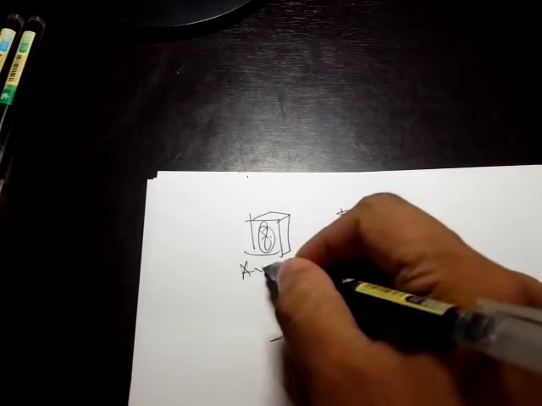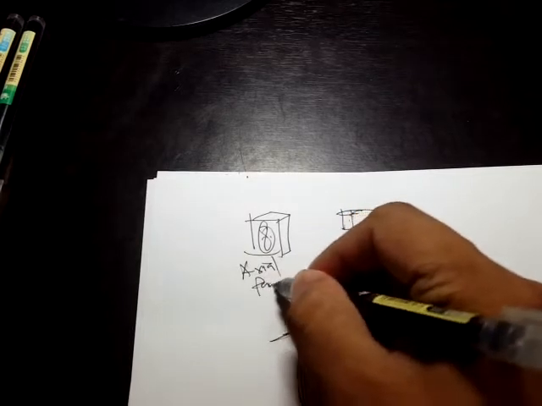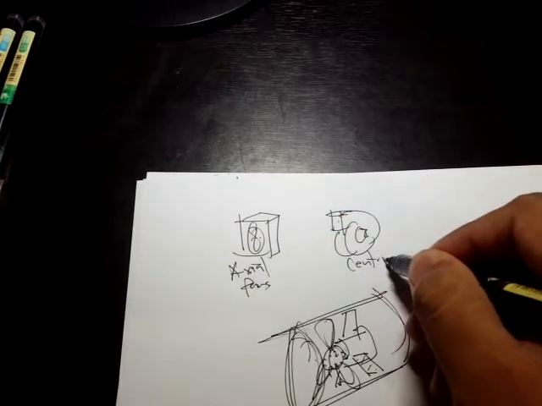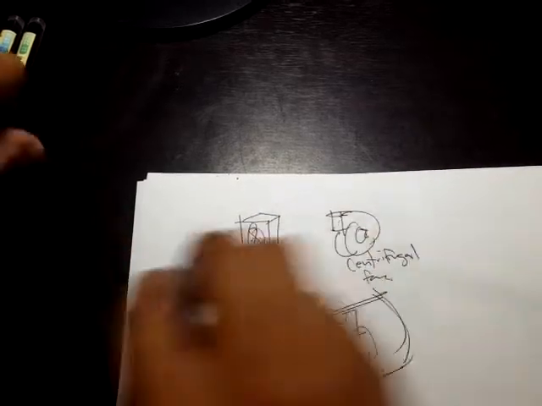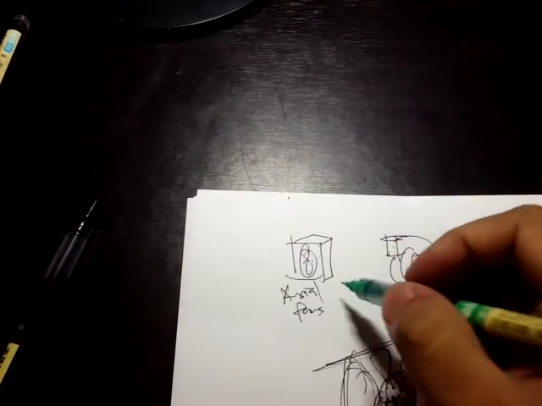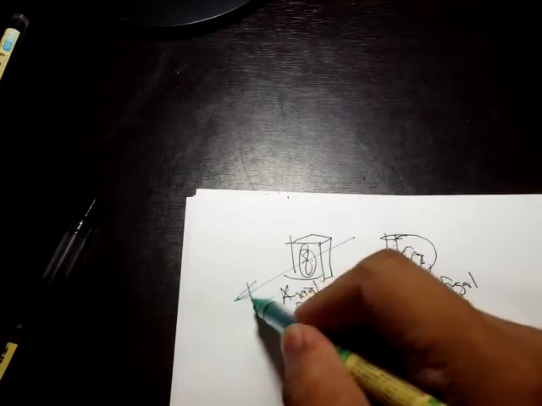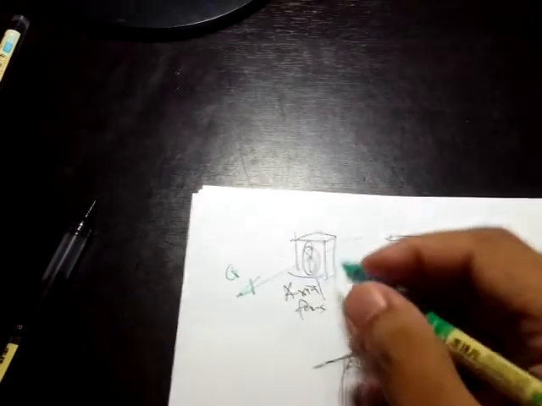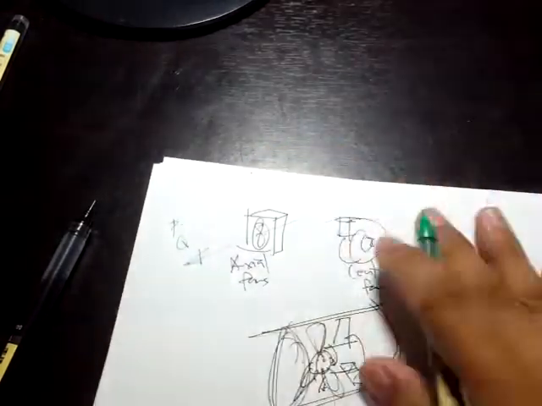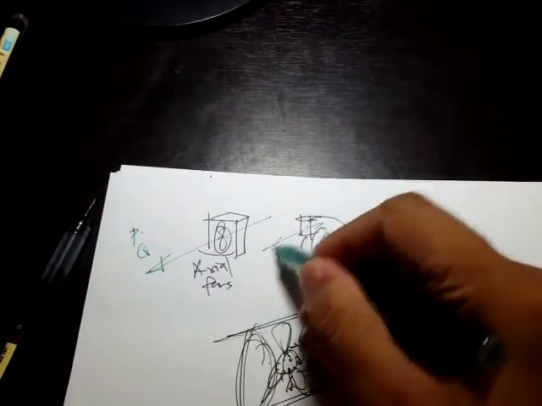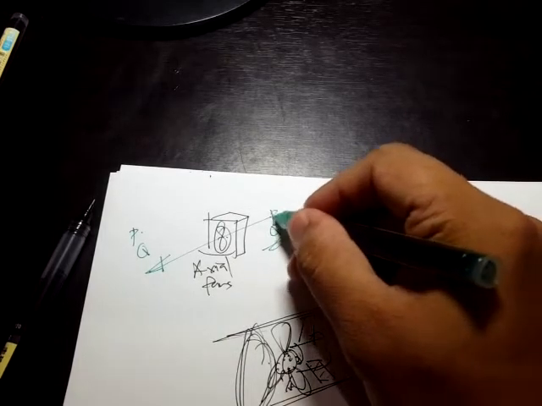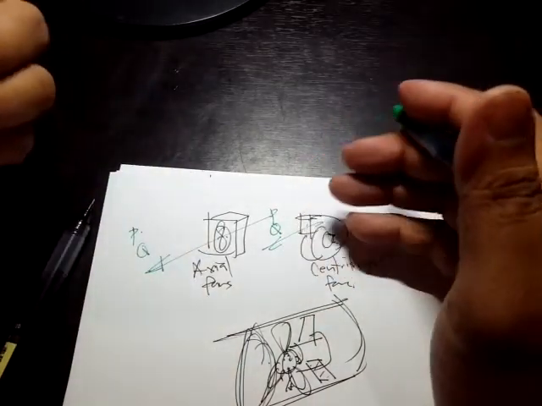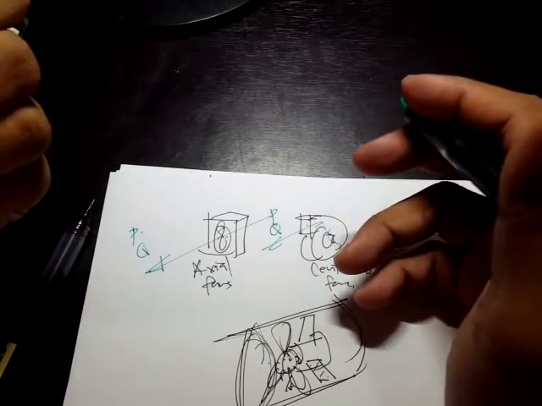For axial fans, of course, if there's airflow, then that means we have Q. That's going to be the flow rate, and we also have the pressure. And for this one, again, airflow, then that means we have this flow rate and we have this operating pressure. So it can produce more pressure, right?